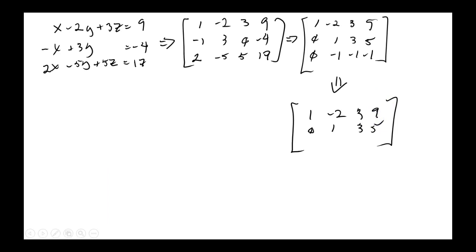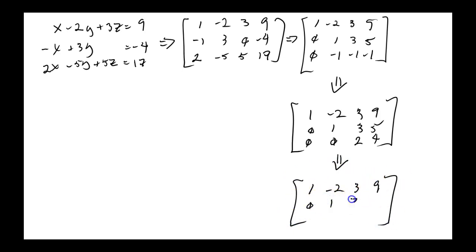Okay, and then adding the two bottom rows together, you get 0, 0, 2, 4, right? Now, one last step is divide the last row by 2. So you get 1, negative 2, 3, 9, 0, 1, 3, 5, and 0, 0, 1, 2.